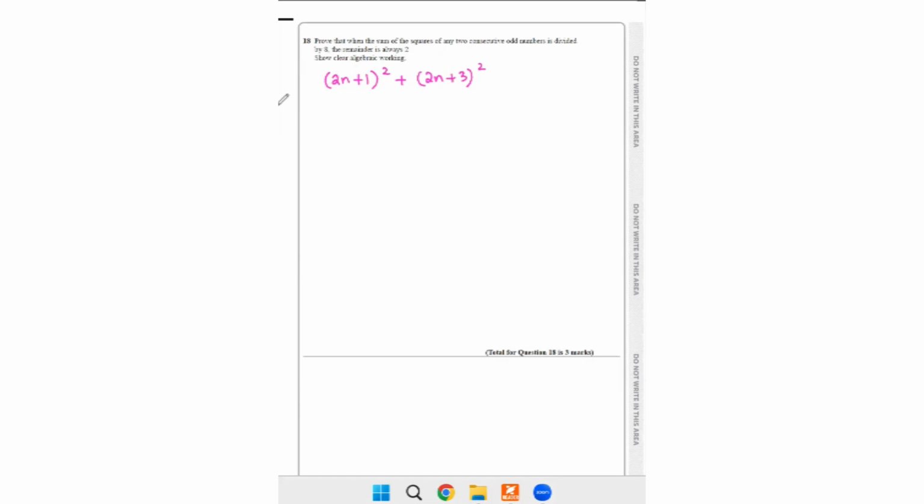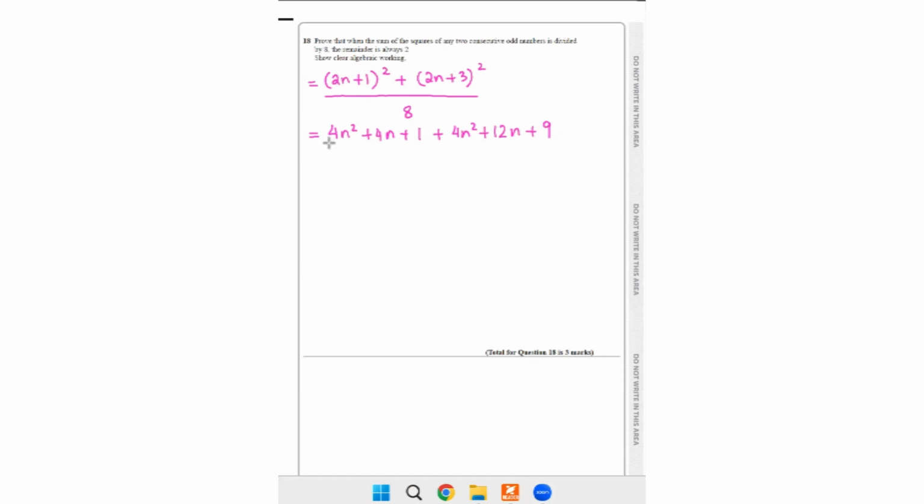So we're squaring two consecutive odd numbers, adding them up, and then dividing by 8. When we square 2n plus 1, that gives us 4n squared plus 4n plus 1. And (2n plus 3) squared is 4n squared plus 12n plus 9.